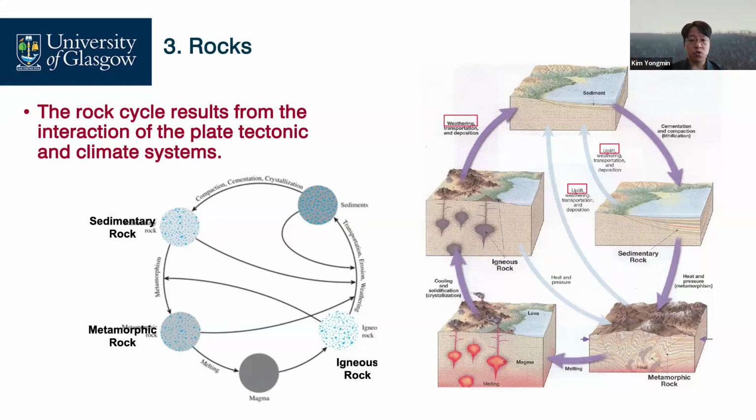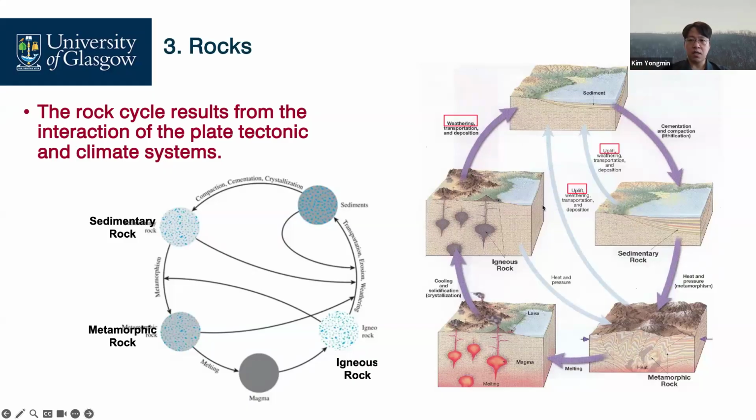And then this sedimentary rock becomes metamorphic rock under high temperature and high pressure. And then molten magma becomes igneous rock, which turns into sedimentary rock due to the weathering process.